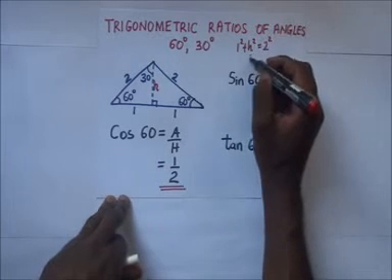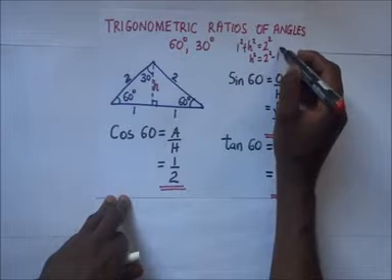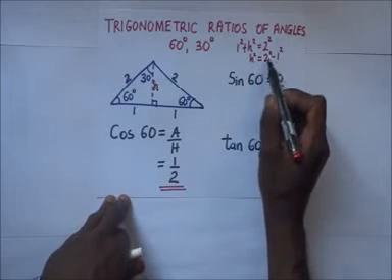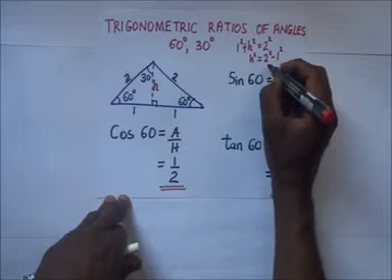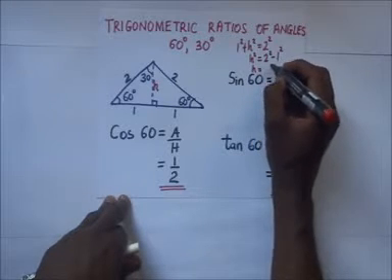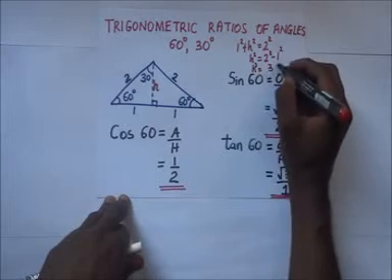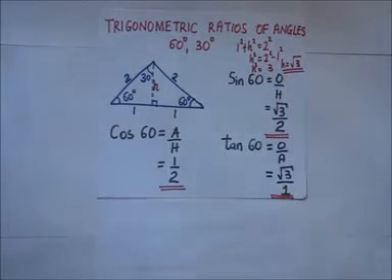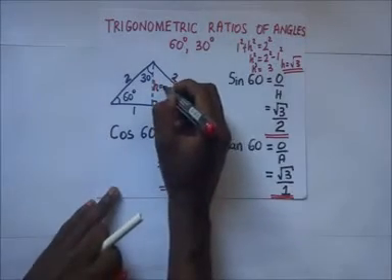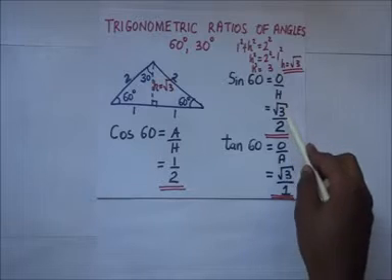So h squared becomes 2 squared minus 1 squared. 2 squared, which is 4, minus 1 squared, which is 1, gives us 3. So h squared is 3, and h becomes the square root of 3. That's how we end up with h being equal to the square root of 3, and the square root of 3 is what we have here, root of 3 over 2.